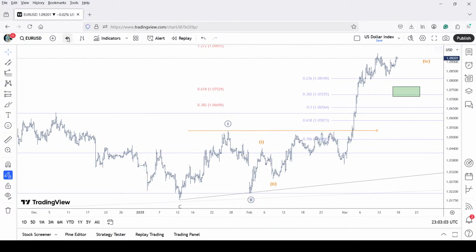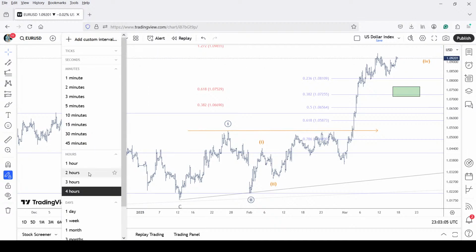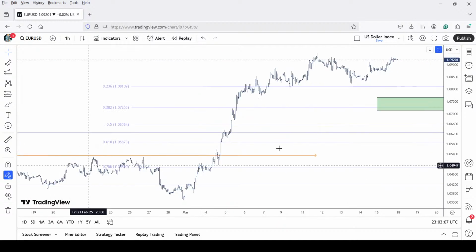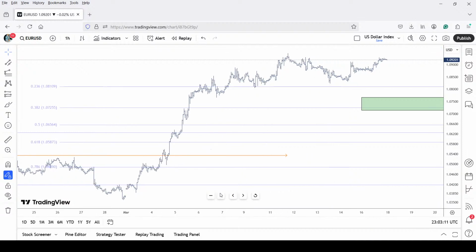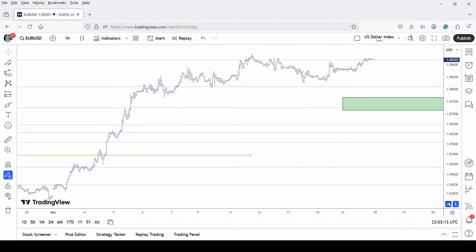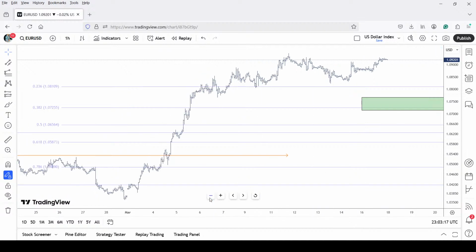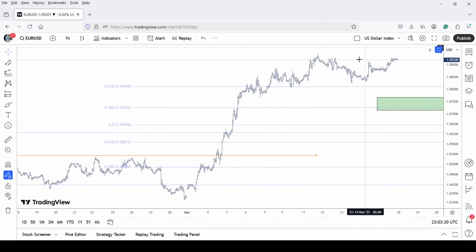If we can go on an hourly chart, maybe there would be more clarification. I don't think it's an impulse, but it is a five wave move. So at least we can put it into a category of motive wave, correct? If not, impulse could be leading diagonal. So we've got wave 1, 2, 3, 4, and 5.